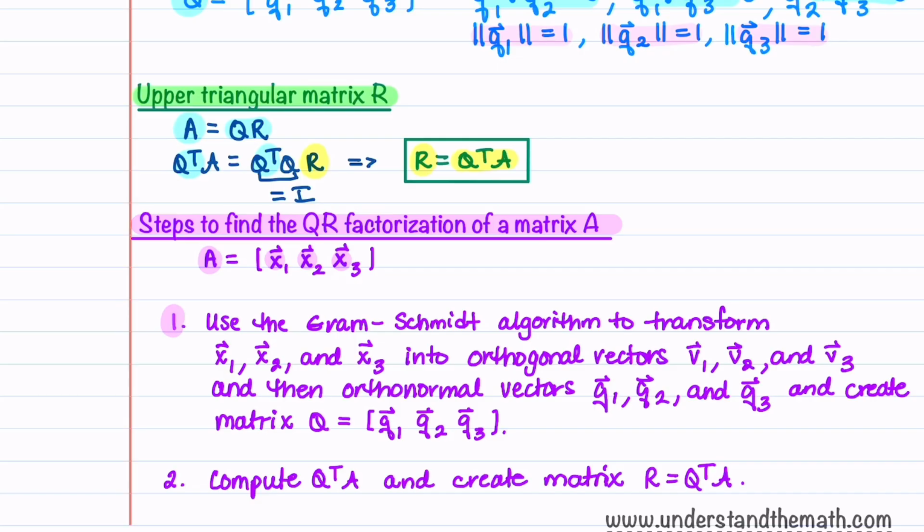The first step is to use the Gram-Schmidt algorithm to transform these 3 vectors, x1, x2, and x3, into orthogonal vectors that we're going to call v1, v2, and v3, and transform them into orthonormal vectors, which we're going to call Q1, Q2, and Q3, and then create matrix Q that's equal to these 3 orthonormal vectors. The second step is to compute Q transpose times A, and then create matrix R, which is just Q transpose times A.